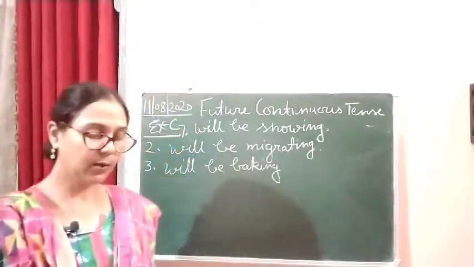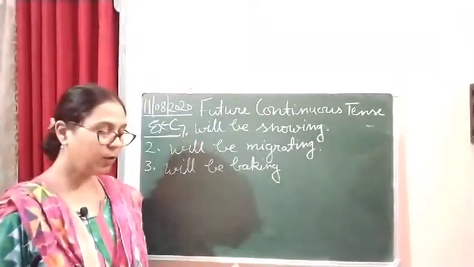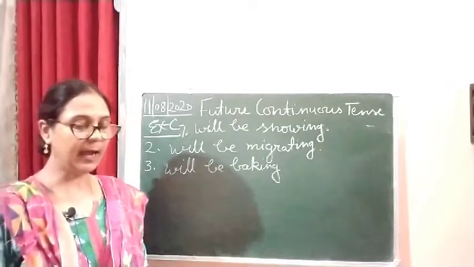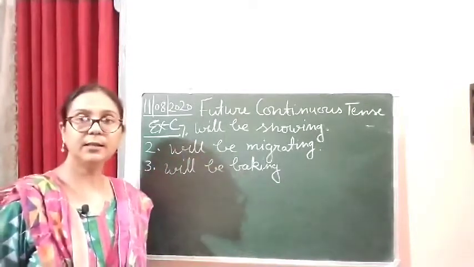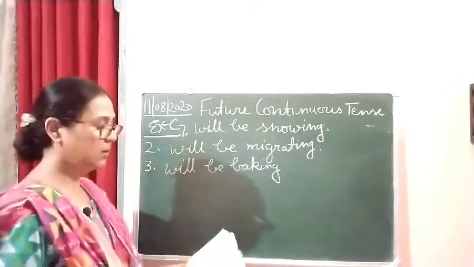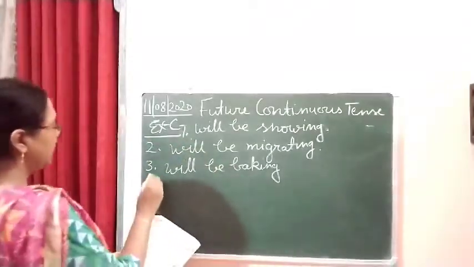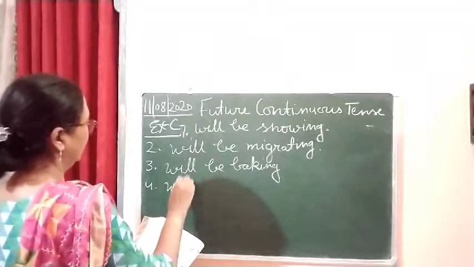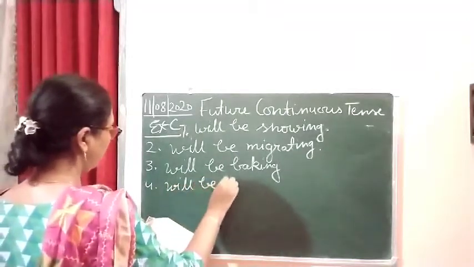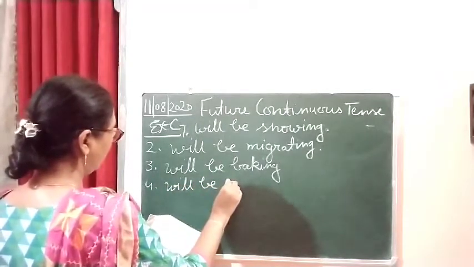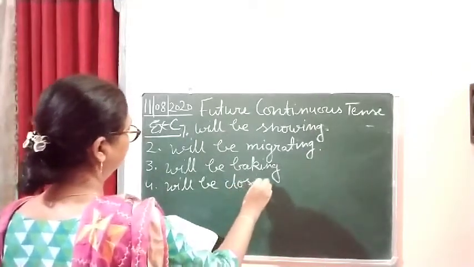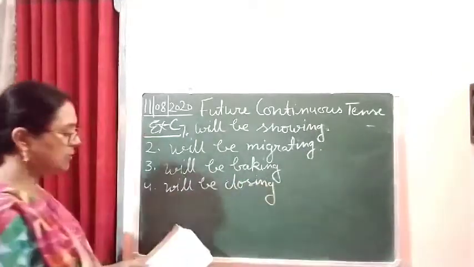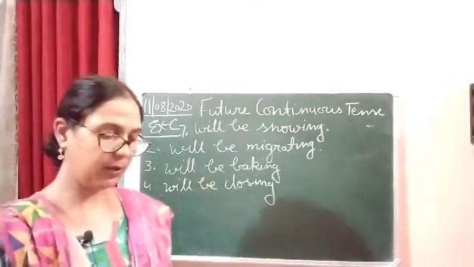Now we are going to solve the fourth number: the school dash down for the winter vacation soon. The word given here is close. So the school will be closing down for the winter vacation.